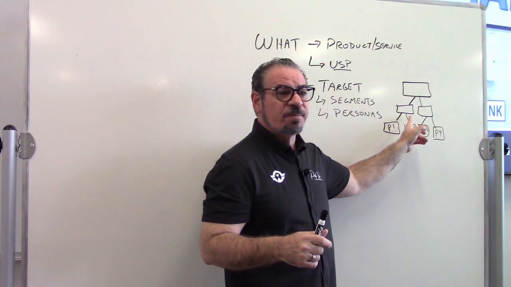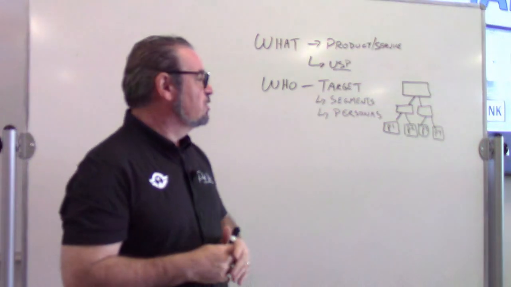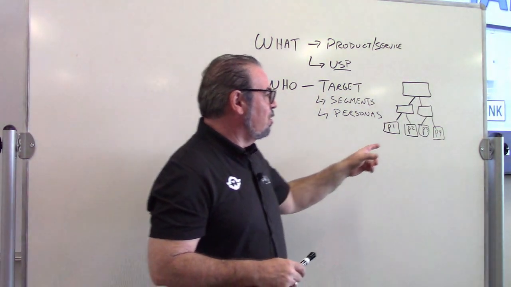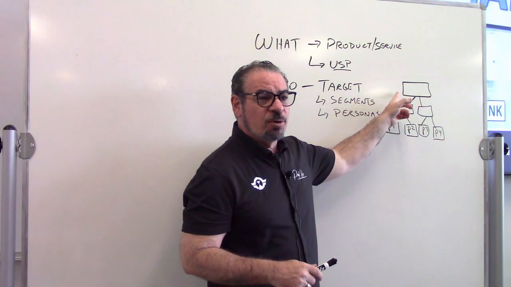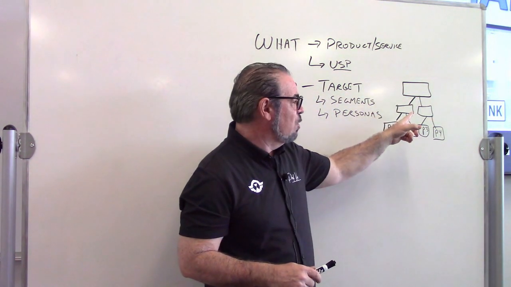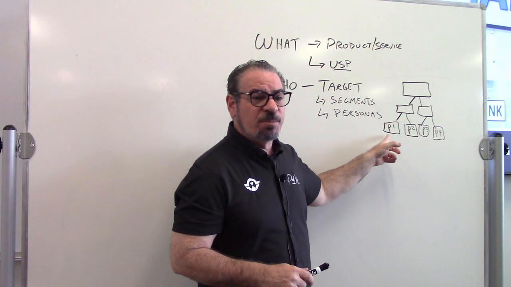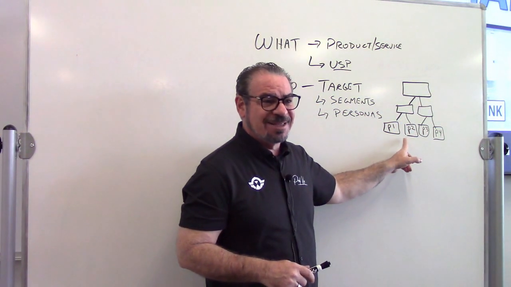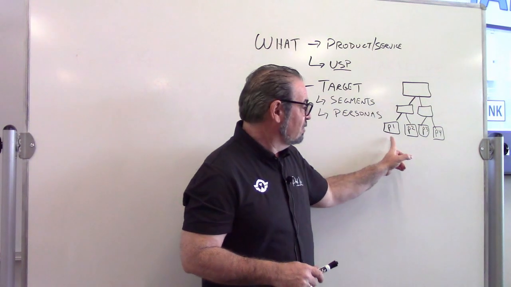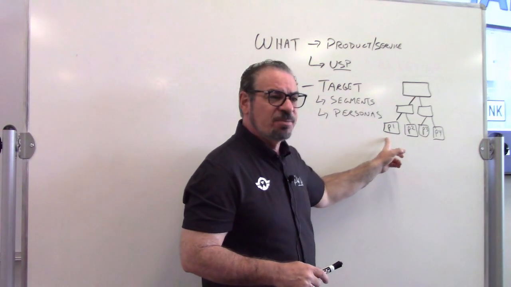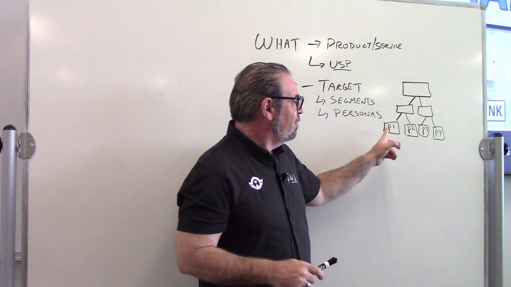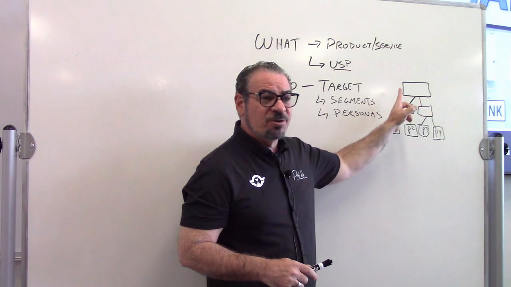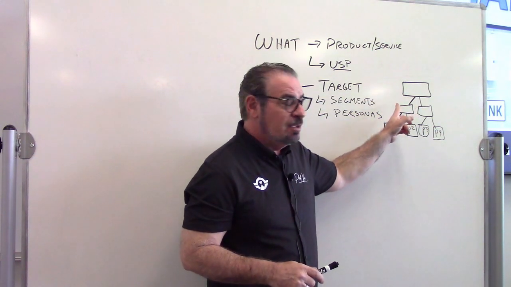That could be over here. Then I could break that down, all the individuals who want to learn about digital marketing, who are male, who are doing it because they run their own business, or are doing it because they want to do better at their job, right?